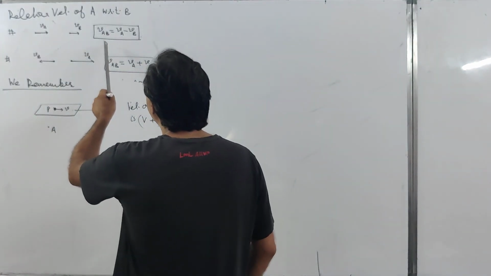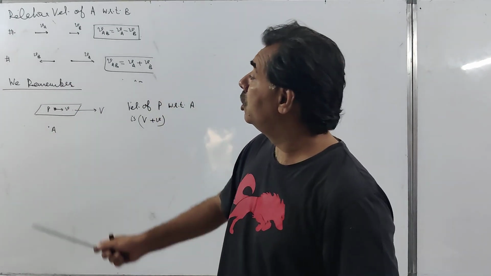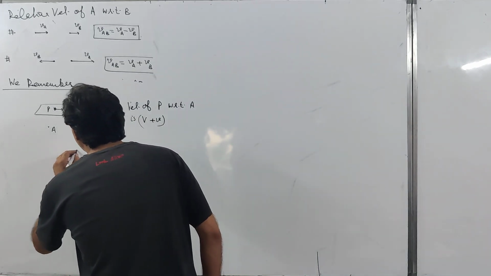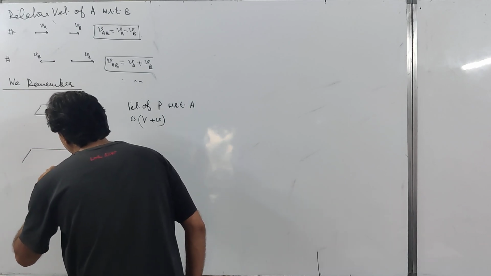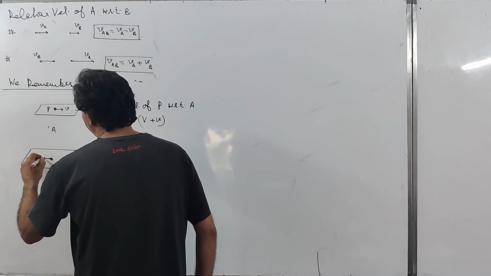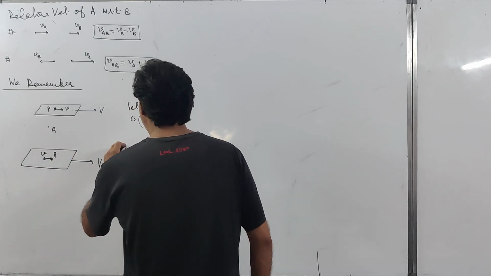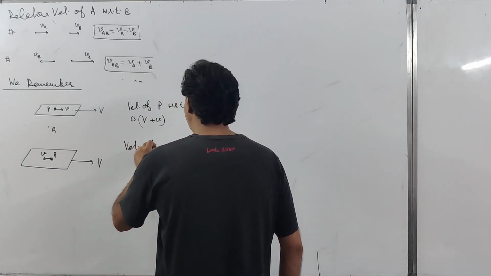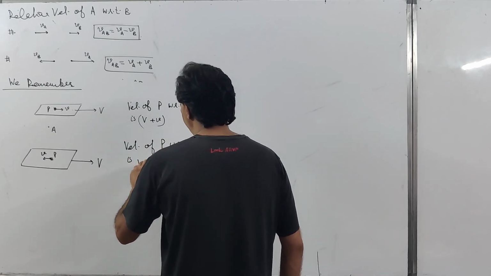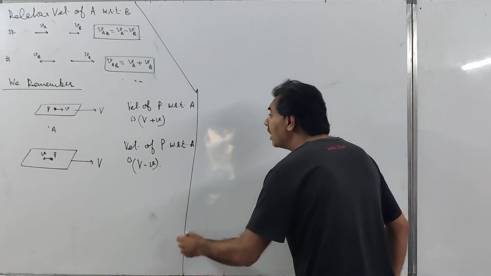So by relative speed we mean speed with respect to each other. When you are moving on a moving object, you are talking about your speed with respect to the object getting at rest. And if this is going in this direction and this object here is going in this direction, P, A. In this case, velocity of P with respect to A is V minus V. This is the gist of relative speeds.